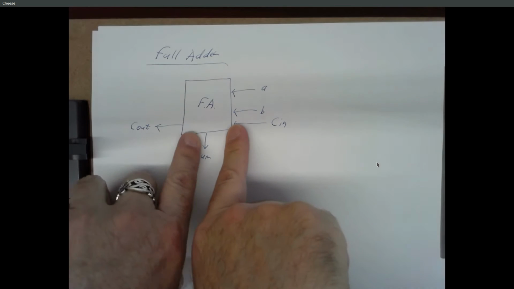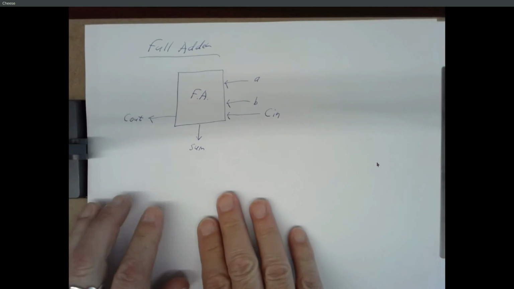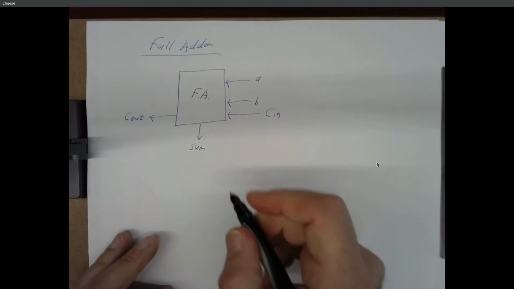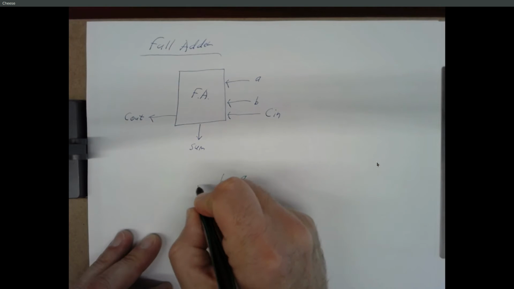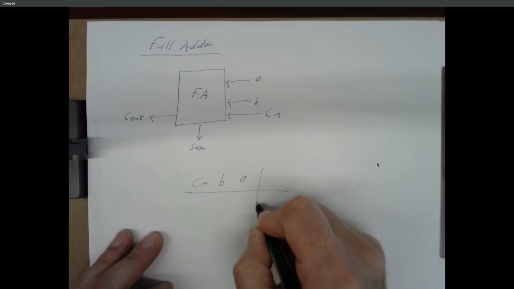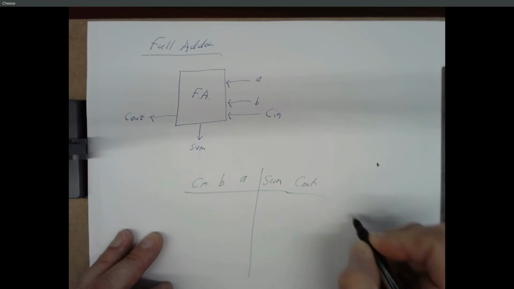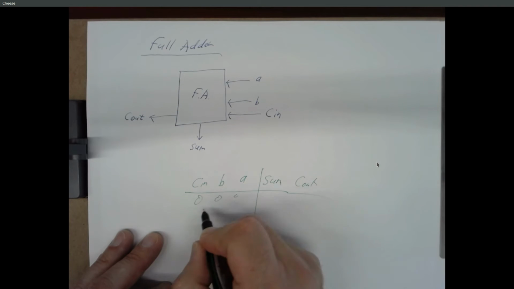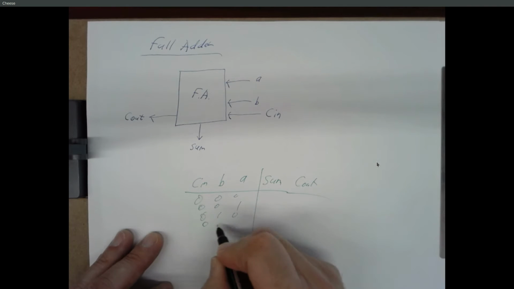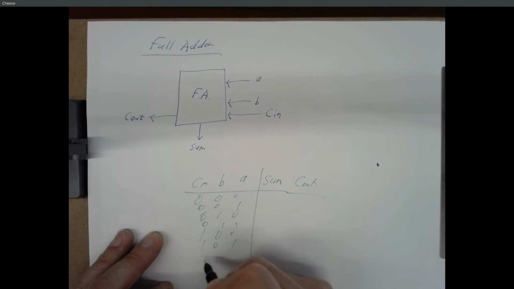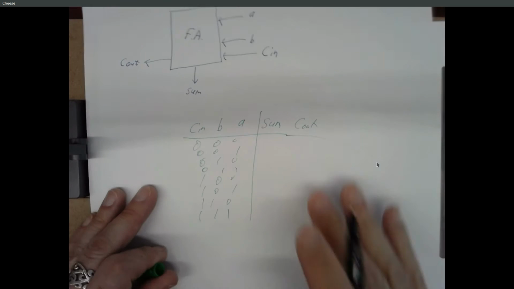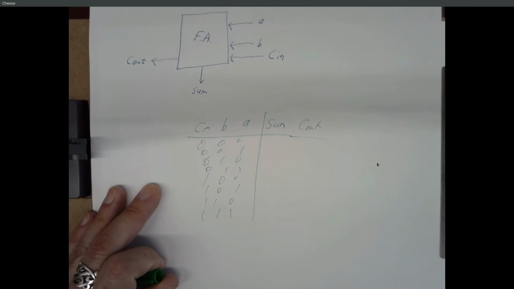So remember, to design this, we're going to make a truth table. The truth table is going to have 3 inputs, which look like A and B and C in, and 2 outputs, sum and C out. And there's what your sloppy truth table looks like.